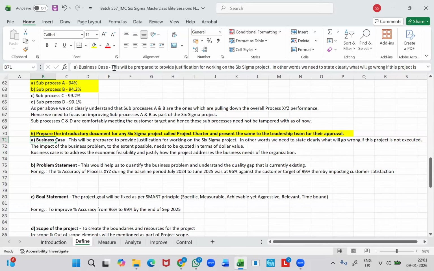If you say that 10% rework will result in cost of poor quality to the extent of $10,000 per month, the leadership of the organization would be in a position to clearly understand the depth or magnitude of the business problem.